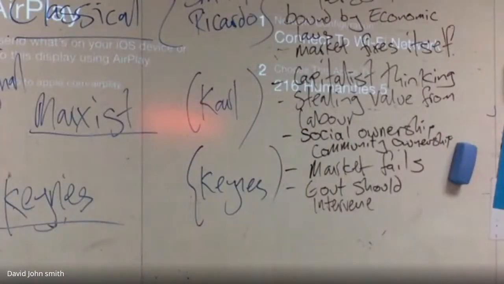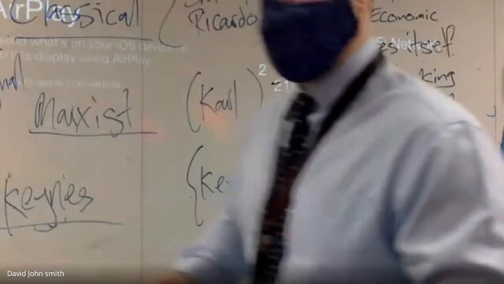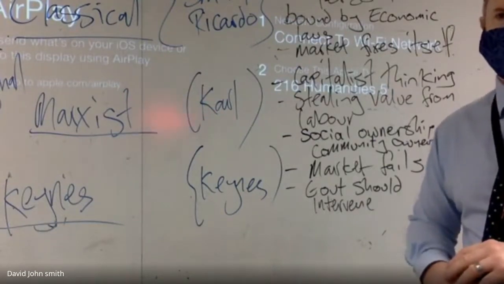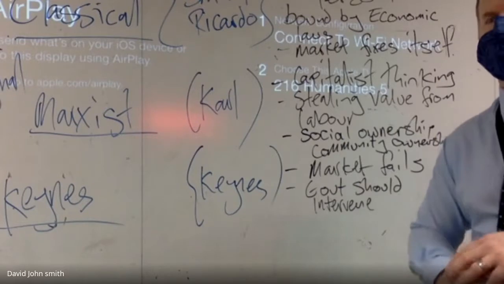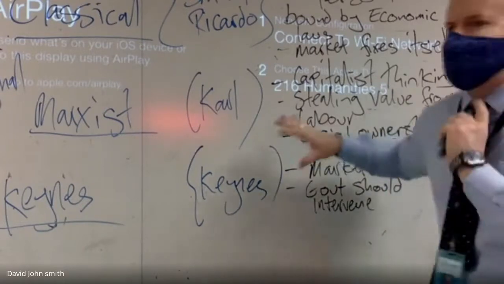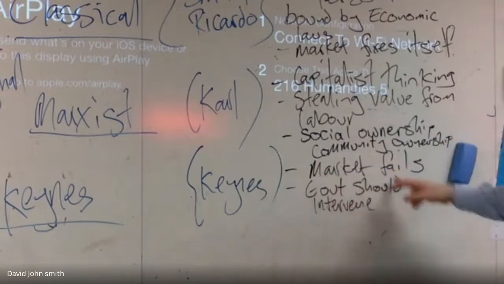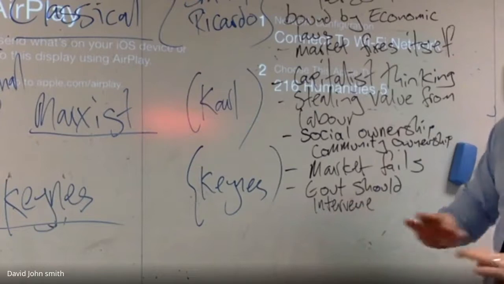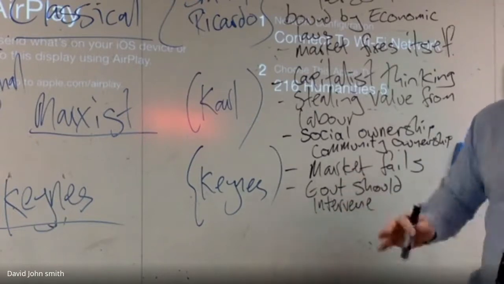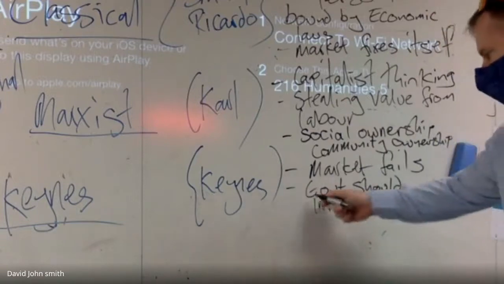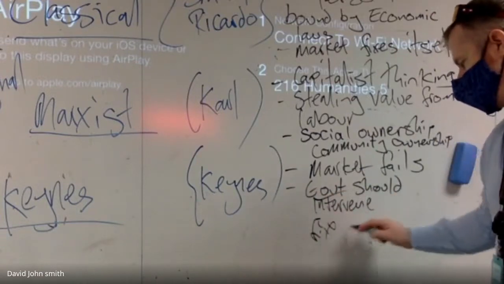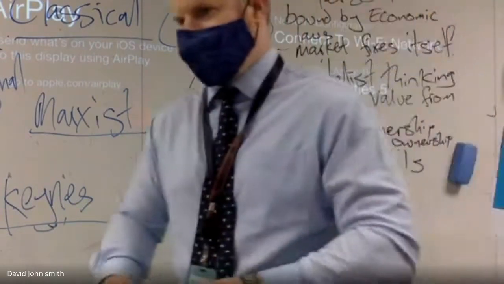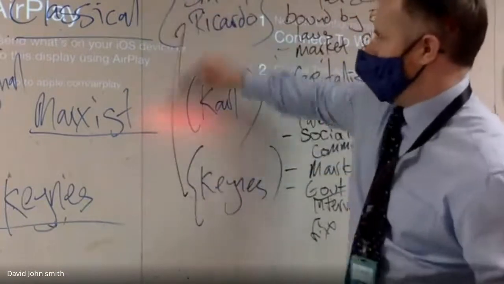The theories of market failure, the theories of government intervention, we haven't covered that, that's not in the pathway exam. The idea that Keynes says that the government should fix the market, you can refer to in the exam, because that's the big difference between him and them.